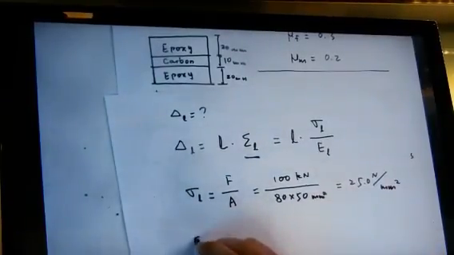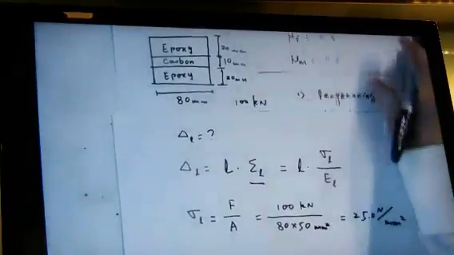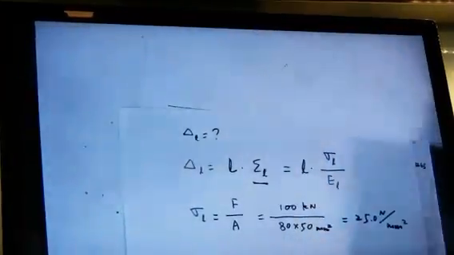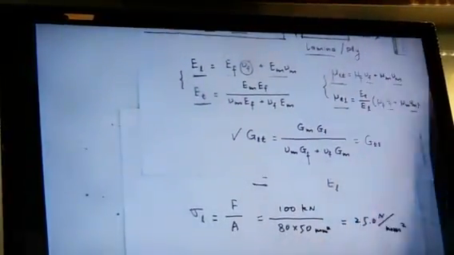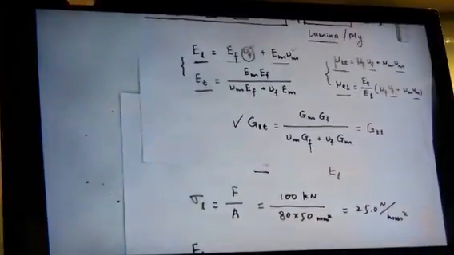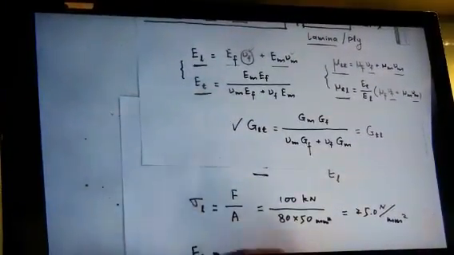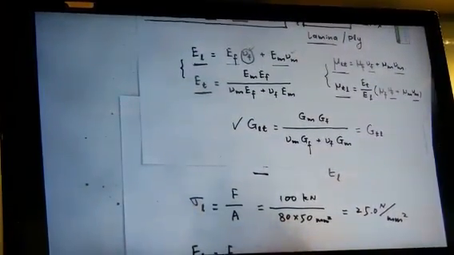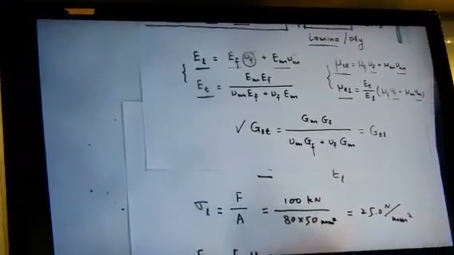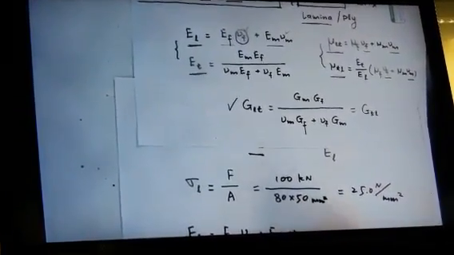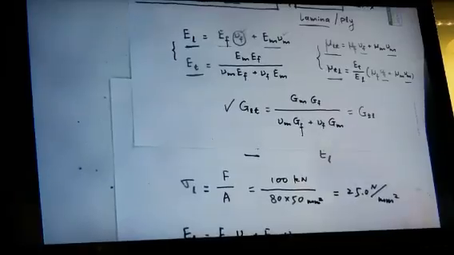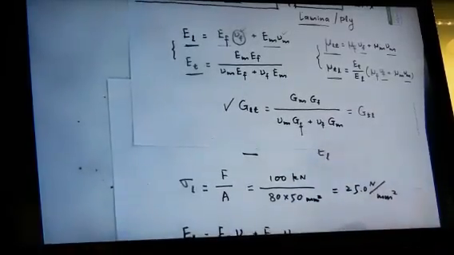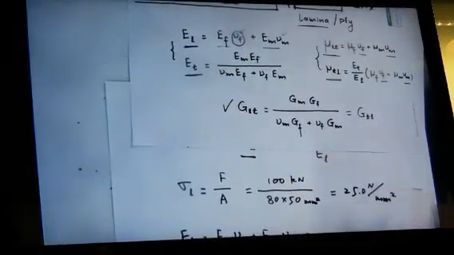And then what is E_L? We can use the formula now. Refer to the formula we have derived. The first one, E_L equals E_F V_F plus E_M V_M, where V_F and V_M are the volume fractions of the fiber and matrix.